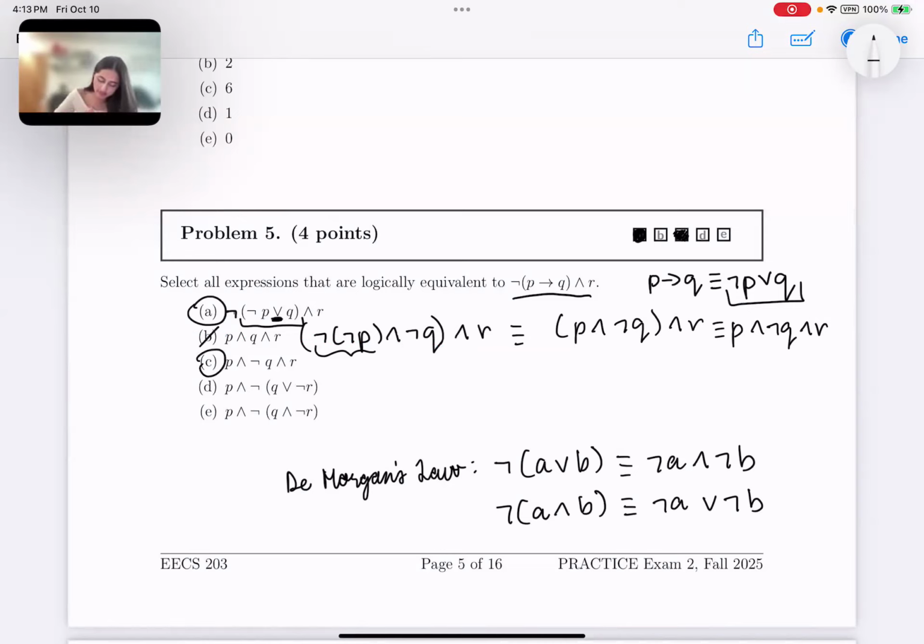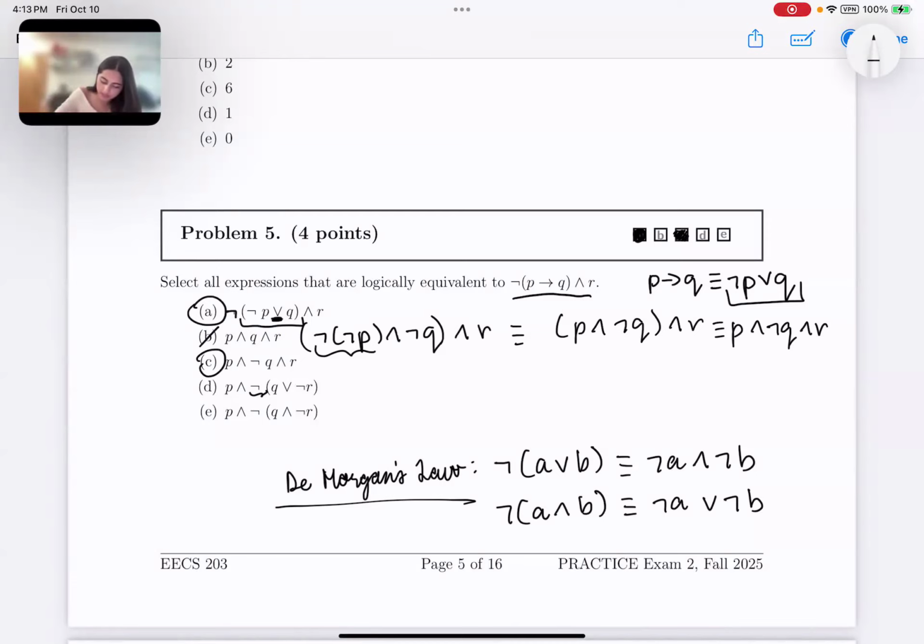Okay, moving on to D and E. We have in D P and (not Q or not R). And the way that we're going to see if this works is we notice that we have this negation symbol here, which may seem like it's coming out of nowhere. However, we can apply De Morgan's law in reverse in this situation.